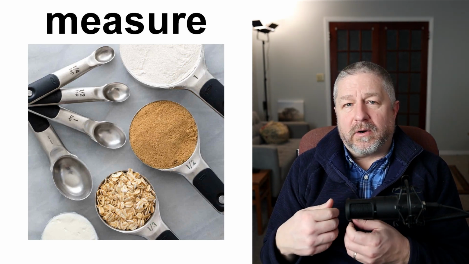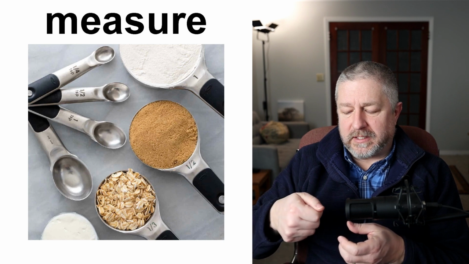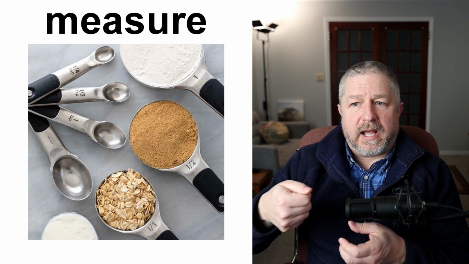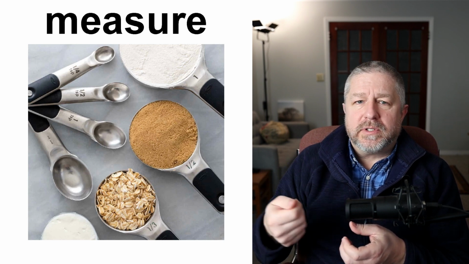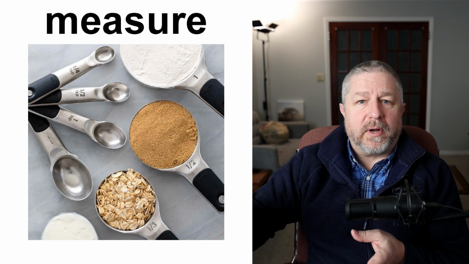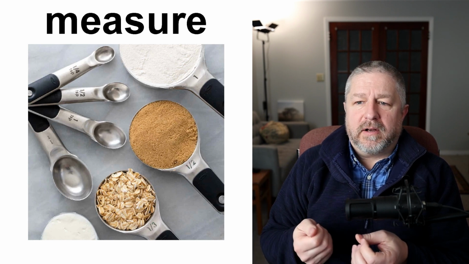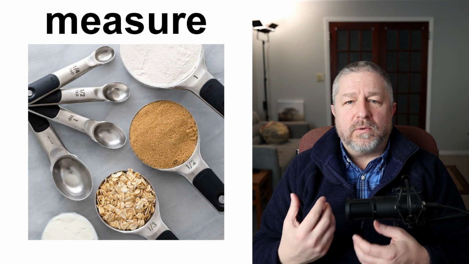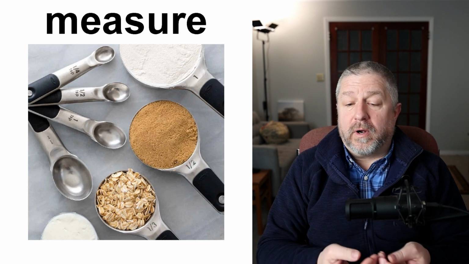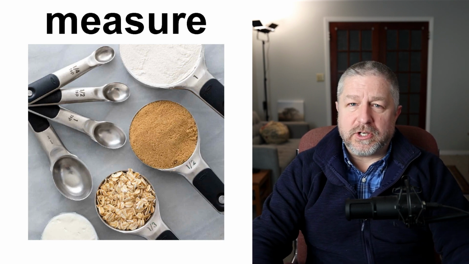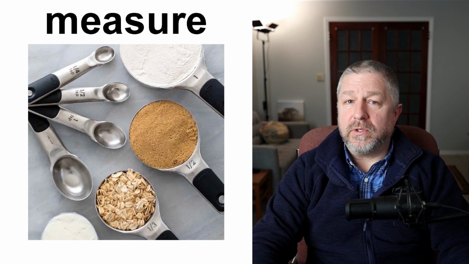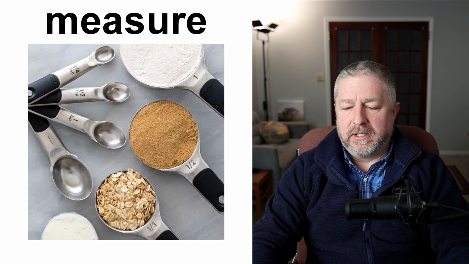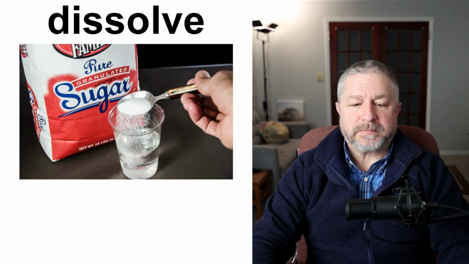In Canada, our recipes call for things like half a teaspoon of salt, 2 teaspoons of sugar, 1 cup of flour, half a cup of brown sugar. So when you make something, you follow a recipe and you need to measure your ingredients. So we do use it as a verb. You need to measure your ingredients.